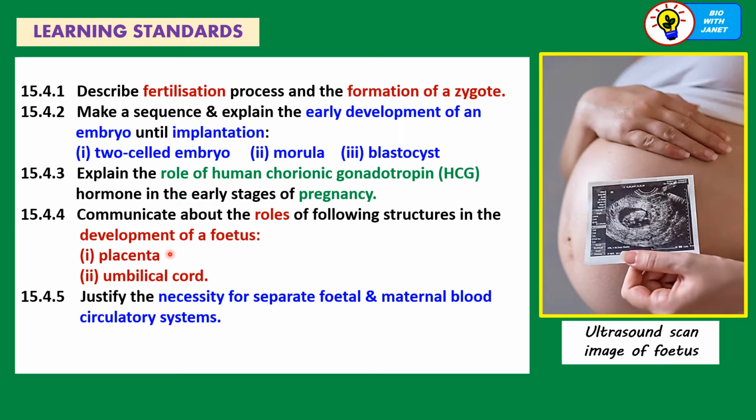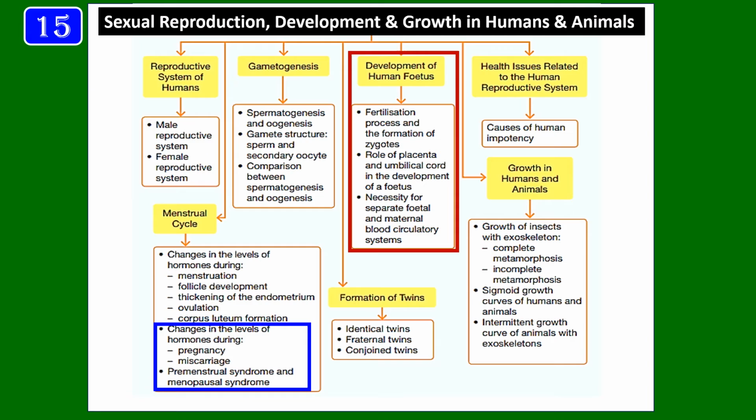All right, so in the uterus, during the development of a fetus, there's the structure called the placenta, which develops, and number two, the umbilical cord. So we're going to find out the roles of these two parts. Next, lastly, we should be able to justify the necessity for separate fetal and maternal blood circulatory systems.